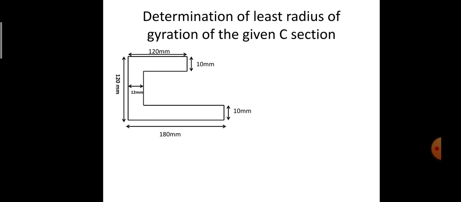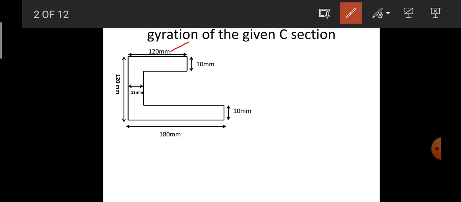C section. Here the top flange has a width of 120 mm and a depth of 100 mm. So the web part, this is the web part. It has a depth of 100 mm. The total is 120, so 120 minus this 10 and 10, I get the web part.